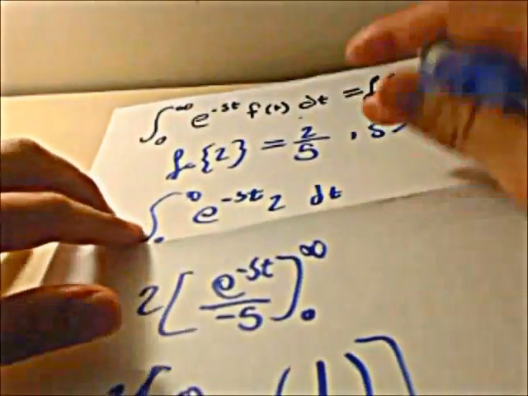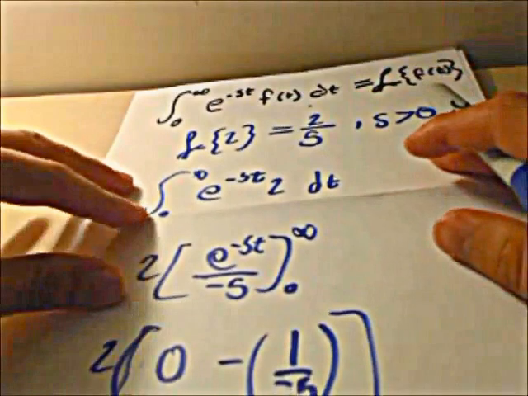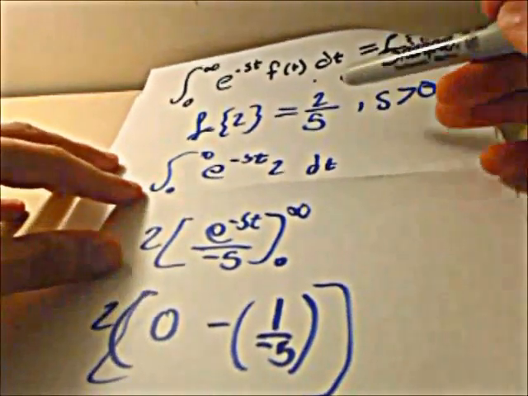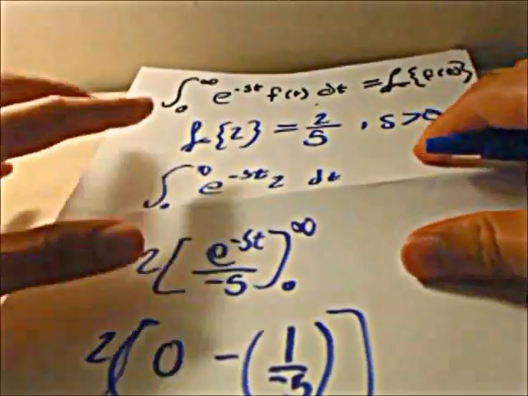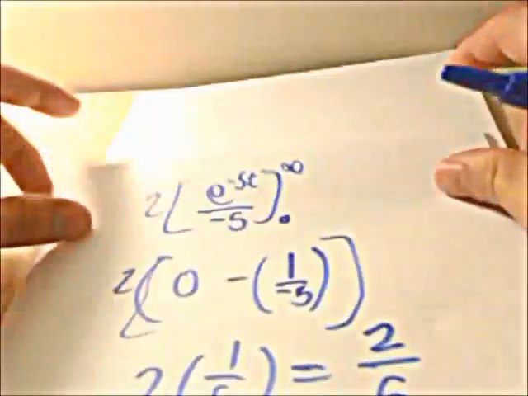So now we just proved that the Laplace transform of that is equal to that. And how did we prove it? Well, we substituted this into the original Laplace transform. So the Laplace of any number is just that number over s.